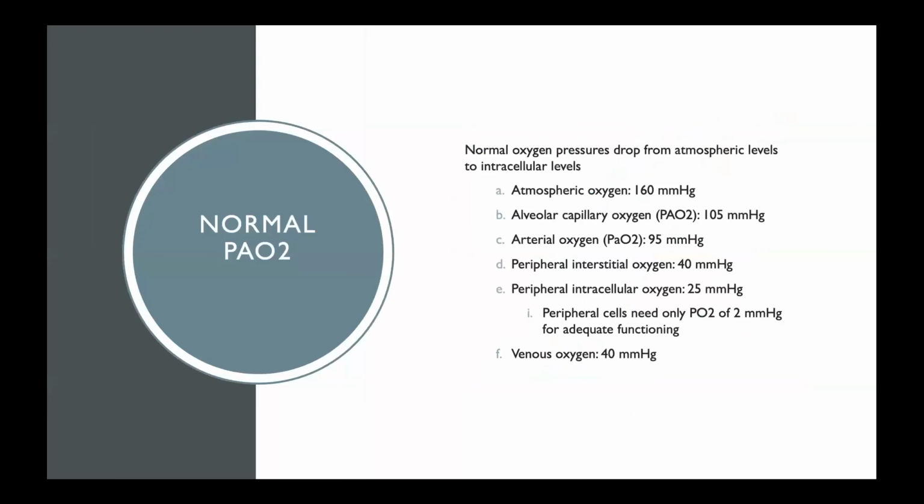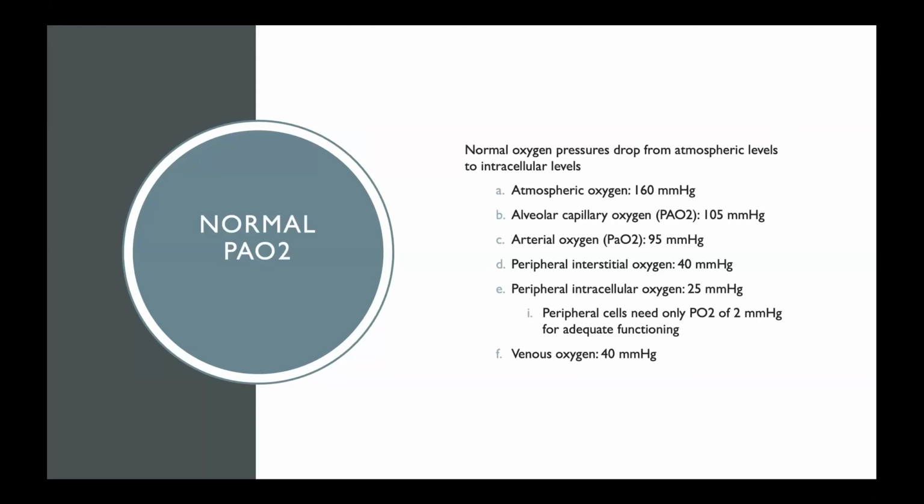You know that because 20 to 21% of oxygen in 760 mmHg atmospheric pressure gives a partial pressure of around 160. Clear?